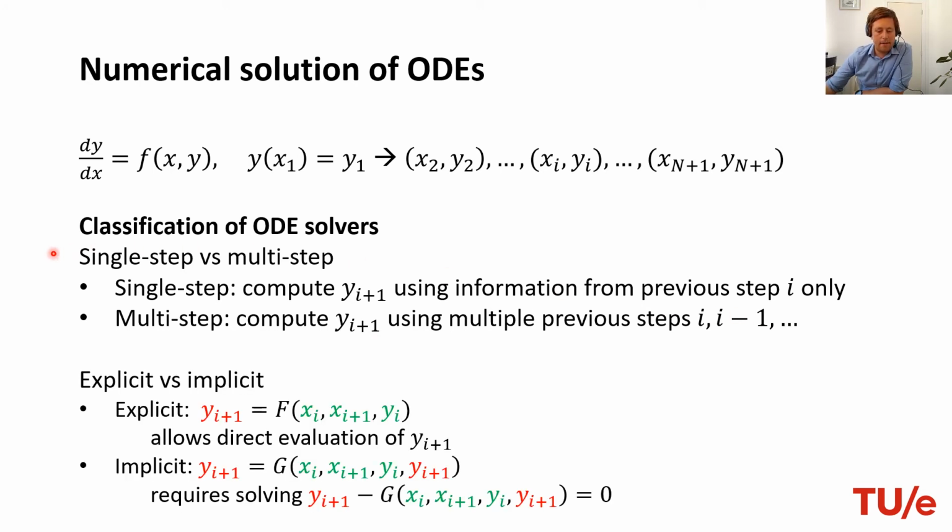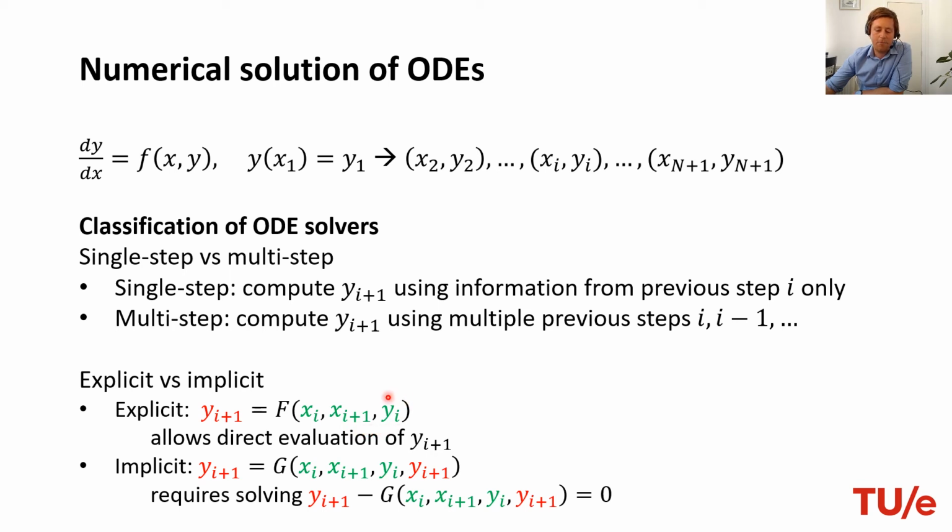Also, there is a great distinction between explicit and implicit methods, and what this means in practice will become much more clear later. But for explicit methods, we will be able to write the approximation of the function y in the next step, so y subscript i plus 1, as a function of all known values. So x subscript i is defined by yourself. x subscript i plus 1 is also defined, as we previously discussed.